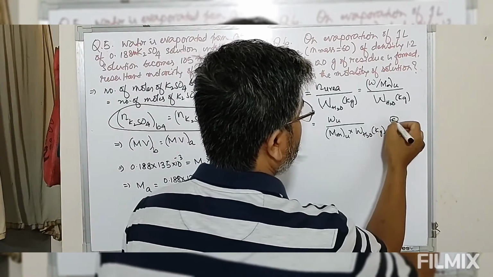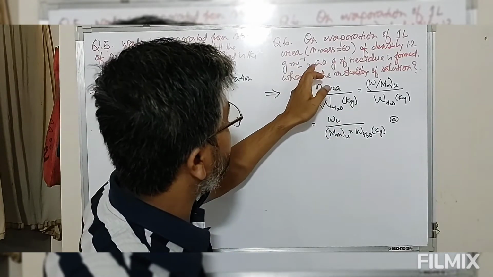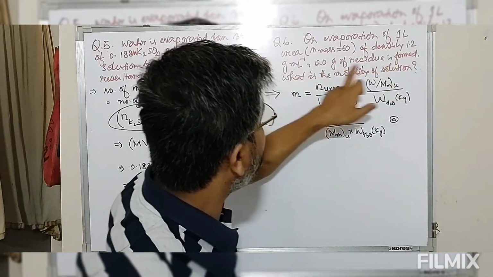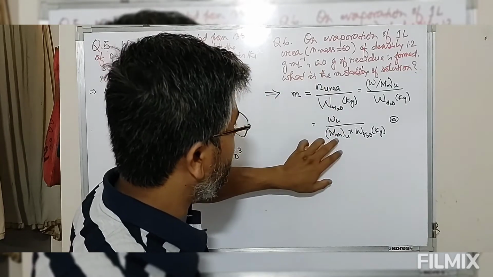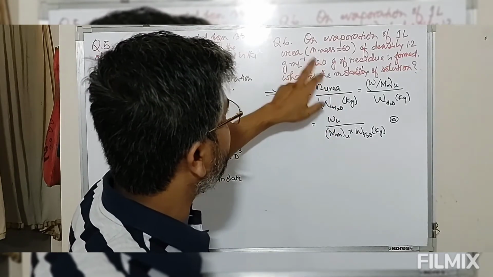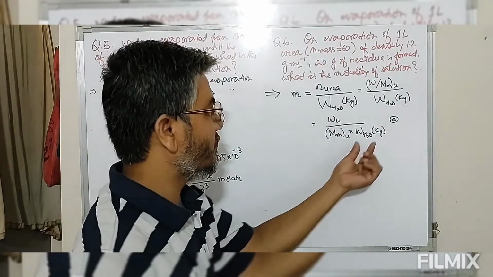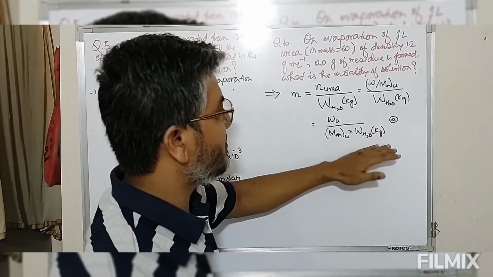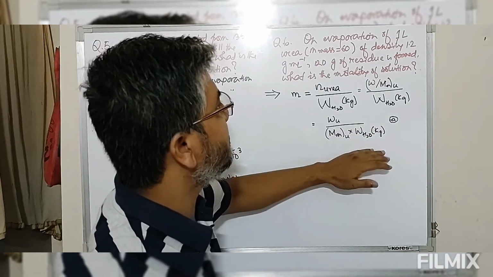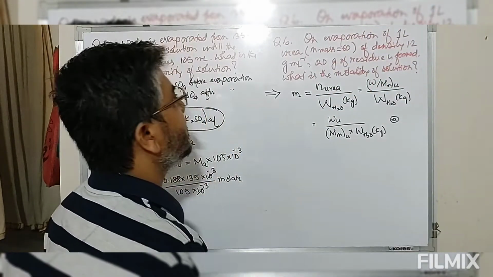Now to use this formula, we require the mass of urea. The question already says the residue is 120 grams, so this is nothing but the mass of urea. Now we require the mass of water, because the molar mass of urea is already given in the question, which is 60. So we have to find the mass of water. Now to find the mass of water present in the solution, the density as well as the volume are given. Now look at this.